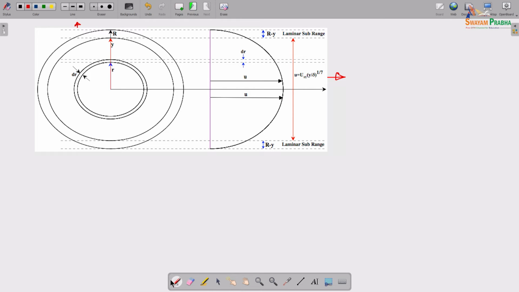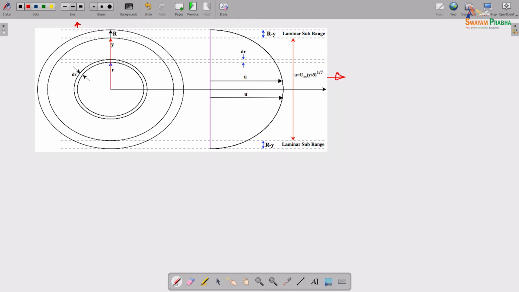Also let me do this first. This r is the radial direction, and r is the radius of the pipe.